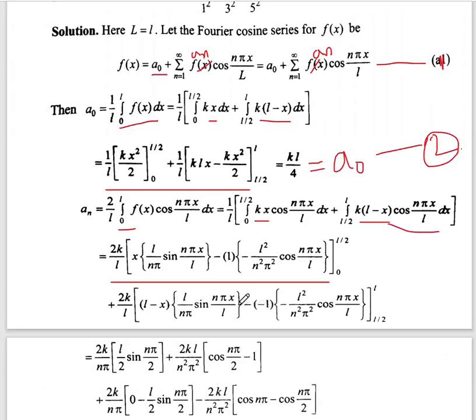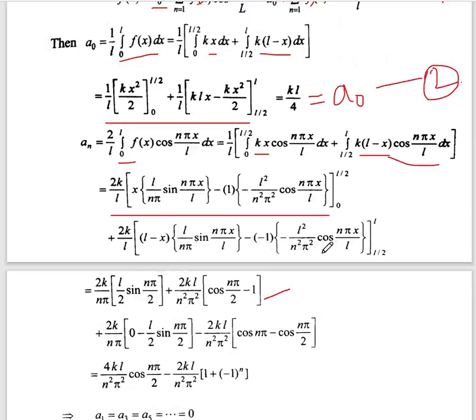Putting upper limit minus lower limit in the first bracket, we will get these steps. Similarly, we put upper limit minus lower limit instead of x in the other bracket.